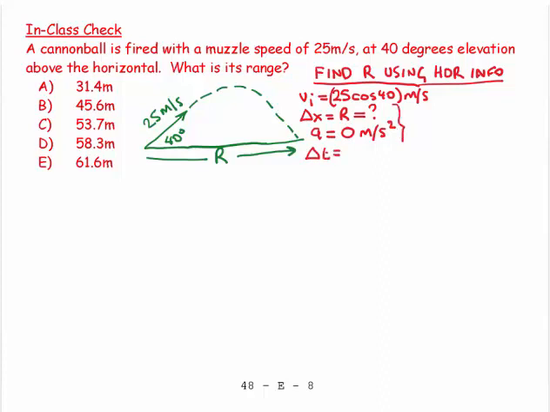And I say, well, delta x is equal to vi delta t plus 1/2 a delta t squared.